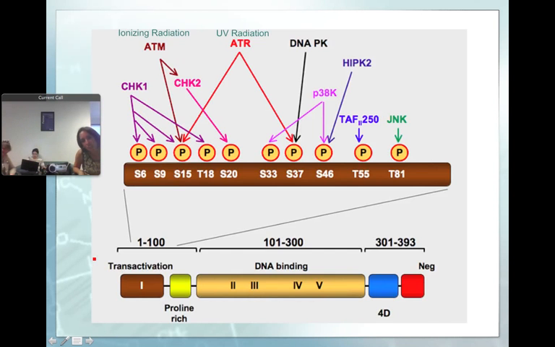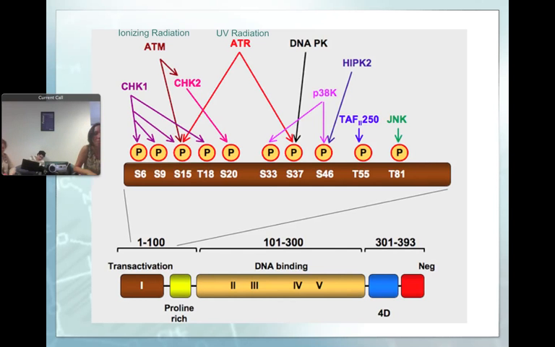Now, how does P53 do all this stuff? Well, it turns out that of all proteins, it probably interacts with more proteins than almost any other. And it is one of the most heavily modified proteins in all of proteindom.